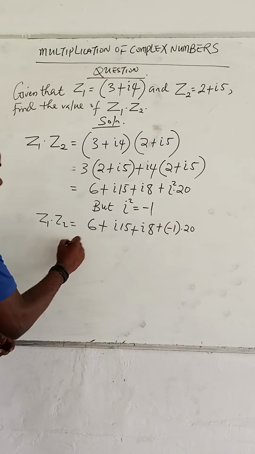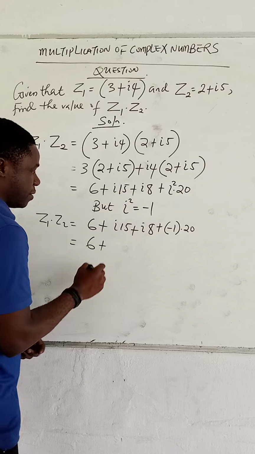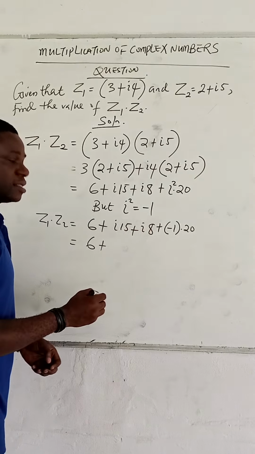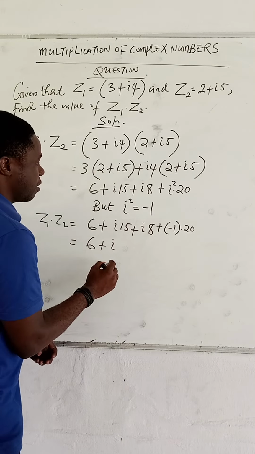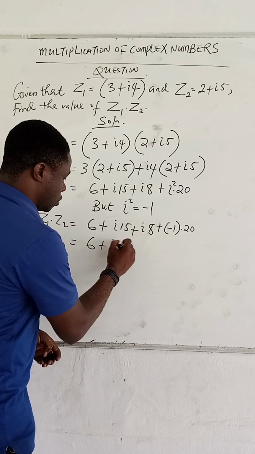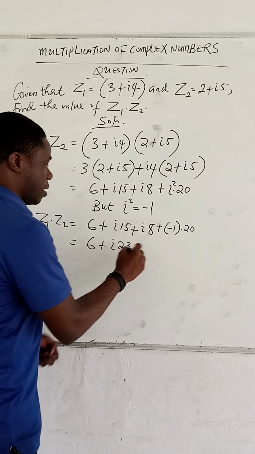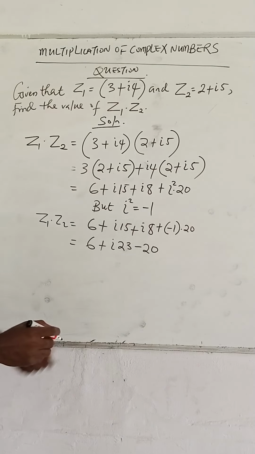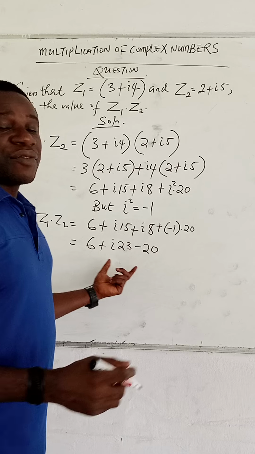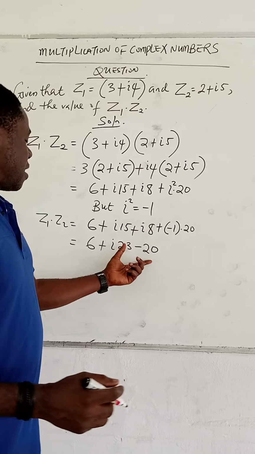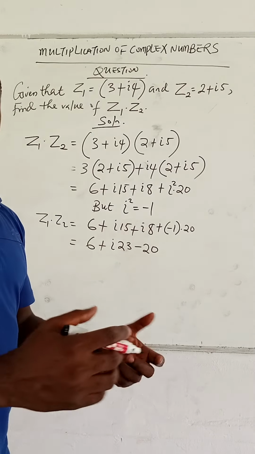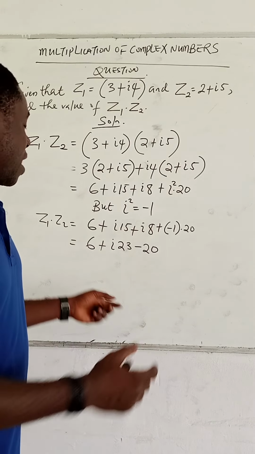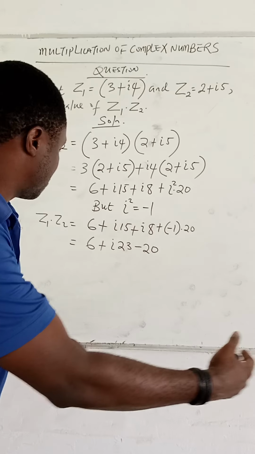So if we continue simplifying this, we'll have this. Now 15 plus 8 is i23, then minus 20. Now we have to arrange this expression to conform to the normal form of a typical complex number expression, where we have the real number part and the imaginary part.